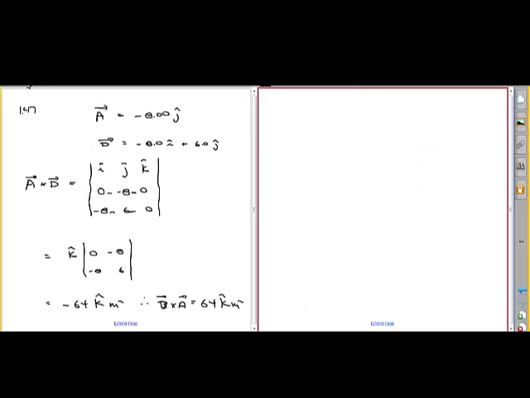Okay, final one, 148. And the vectors in 1.39, which I don't think we actually did previously. So we're going to have to take the vectors in problem 1.39, and make them into the component vectors.